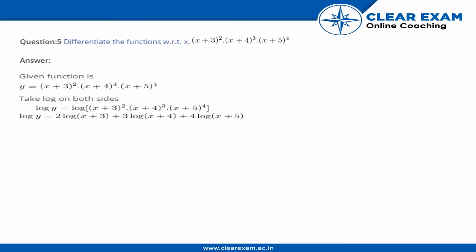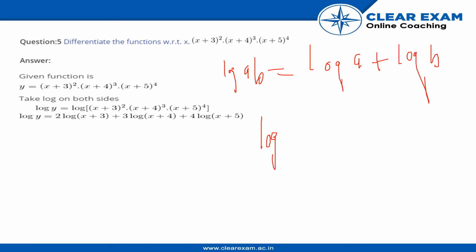Now we know that log AB is equal to log A plus log B, and log A to the power n is equal to n log A. Hence, using these properties we can evaluate log y = 2 log(x+3) + 3 log(x+4) + 4 log(x+5).